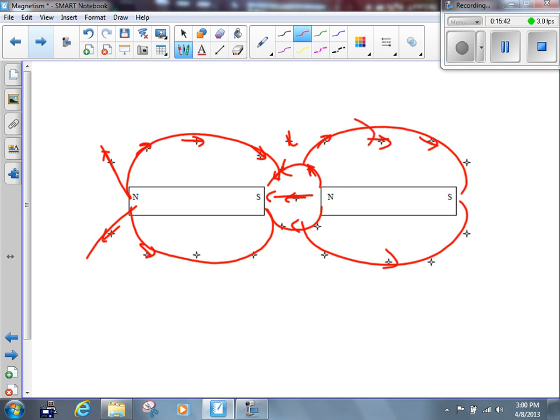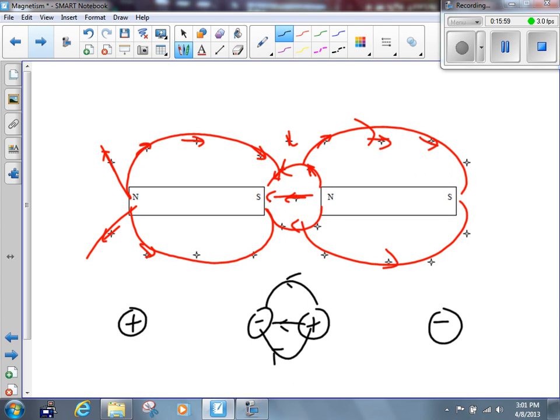And again, we get a pattern that looks a lot like we did when we drew some electric fields in the last unit. Let's say we got a positive here, a negative here, a positive here, and a negative here. The field lines between the positive and negative in the middle are going to look something like this. And then, of course, we've got this.